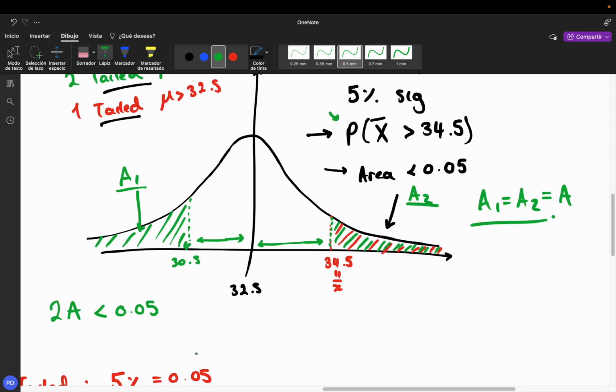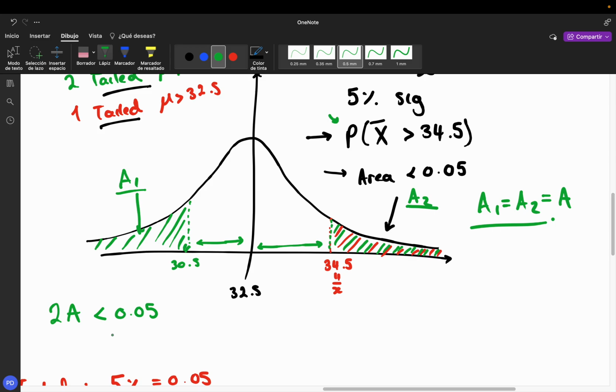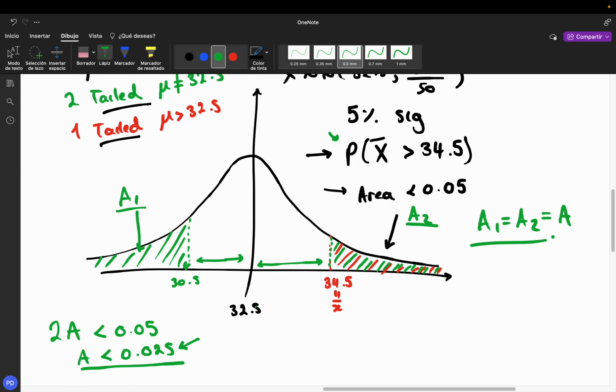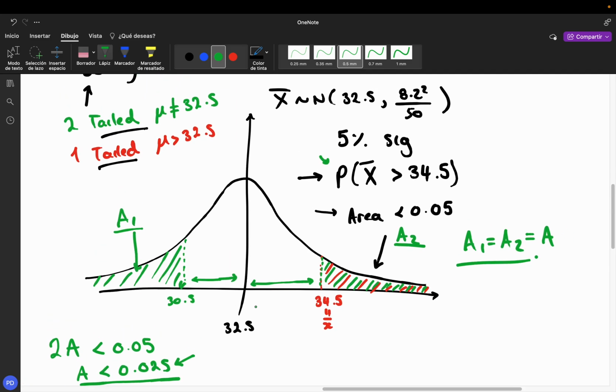Now, if you look at this, you might go, oh, wait, I could divide by 2. Hang on a minute. This A represents this tail, and if it's less than, oh, look, I've halved the significance. That's why you halve the significance. It's useful to remember why you're halving it. If you see a two-tailed, then you need to halve it.